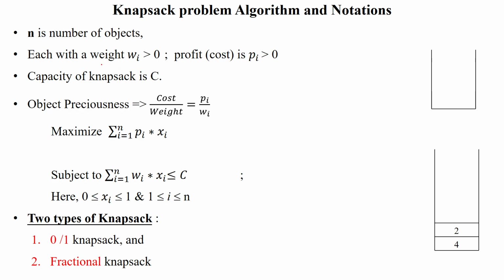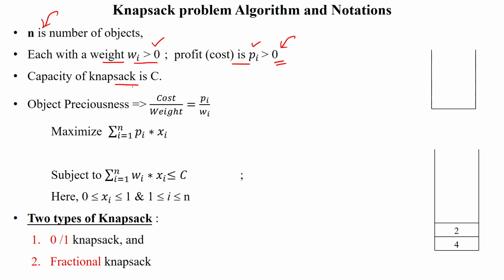Whenever you are selecting items from the n items in the collection, the weight should be greater than 0. That means the weight of each item should be some number of grams or kilograms. The profit should also be greater than 0. That means the cost of each item will be 2 rupees or 3 rupees or 200 or 300. You cannot purchase an item for 0 rupees, so the cost should always be greater than 0.